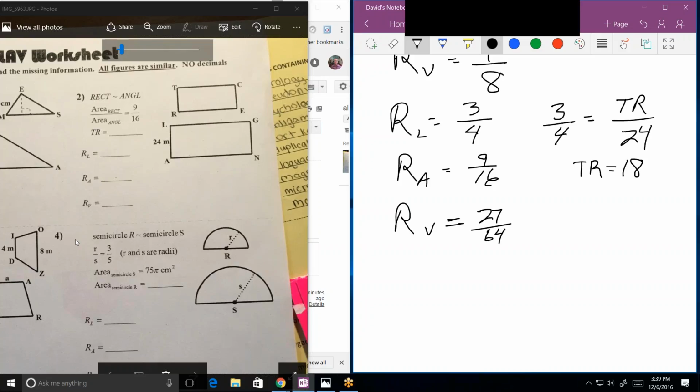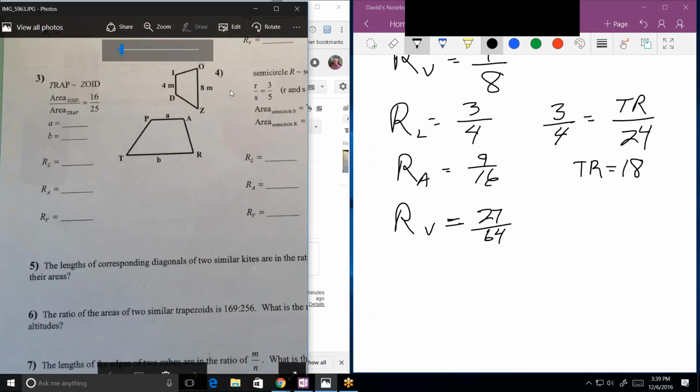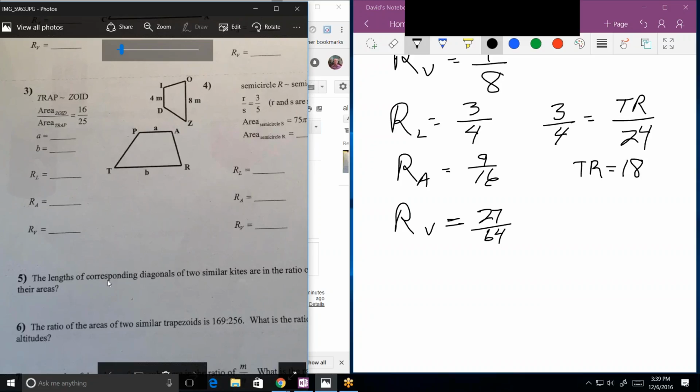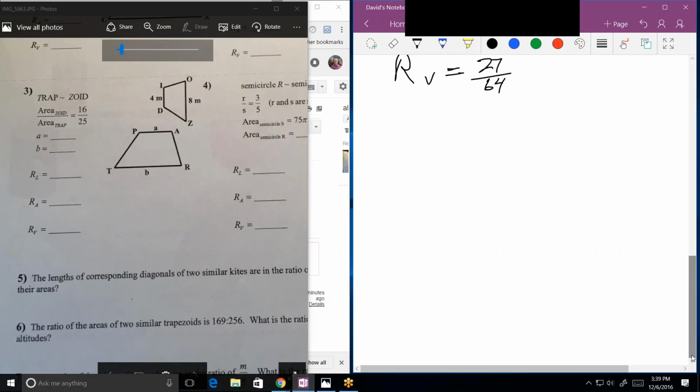Okay? Basically going to do all of these the same. And the best way to do them is to figure out the linear, area and volume ratio first thing, not last thing. So in this problem, they again give us the area ratio, which they say is 16 to 25.